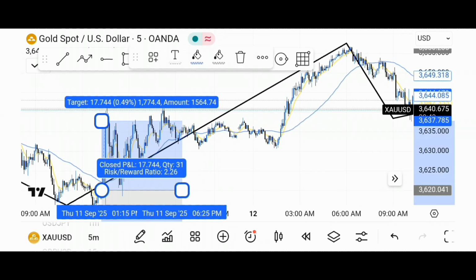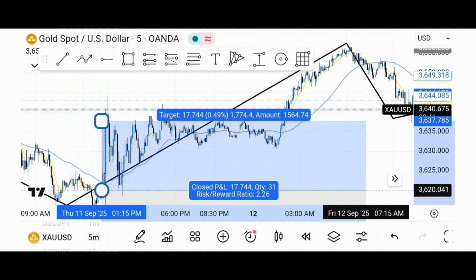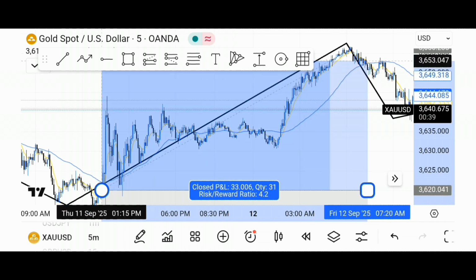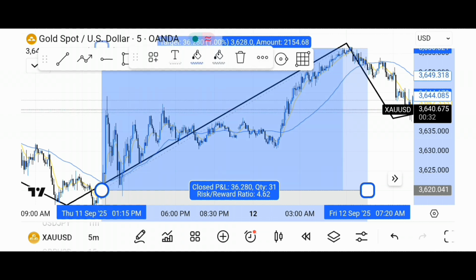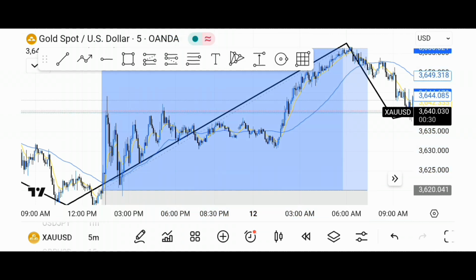If we extend this further, you can see that the trend continued, giving even 4 to 5 RR. You can see it very well. So trading MSS is one of the best strategies in trading. Okay, trading MSS is like the best trend following strategy.